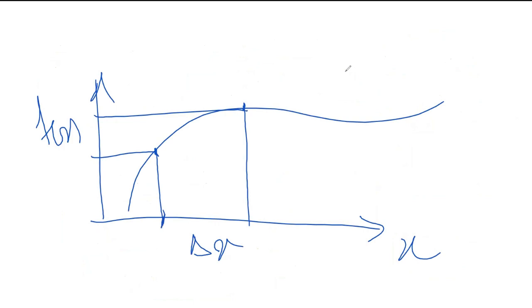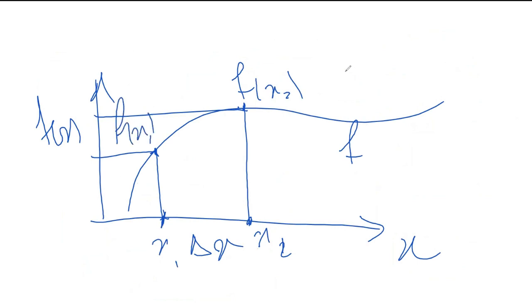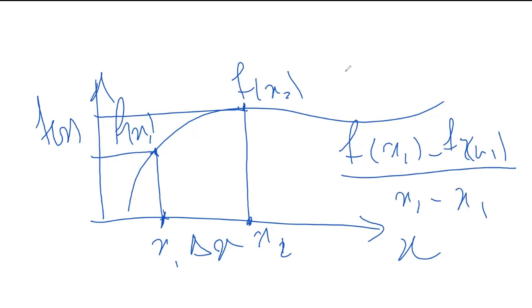If I have a small delta x here, with f(x1) here at x1 and f(x2) at x2, I can write f(x2) minus f(x1) divided by x2 minus x1, or delta x.